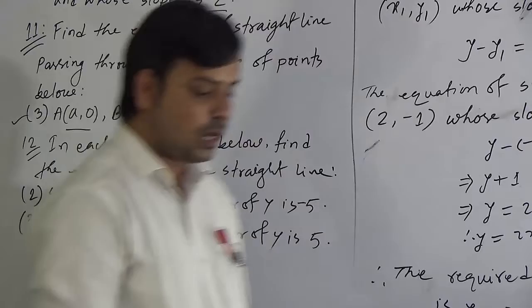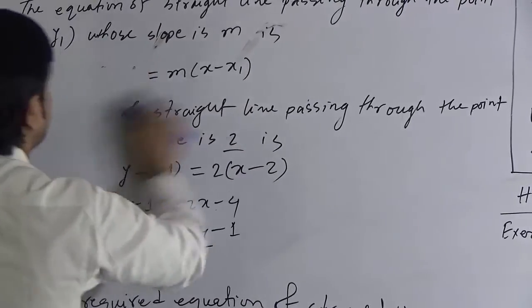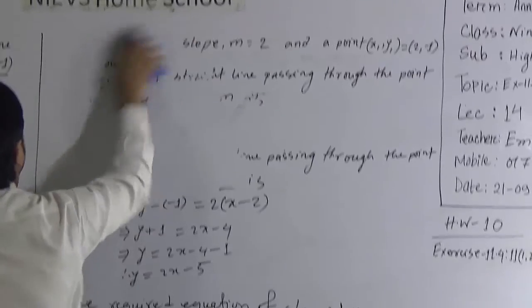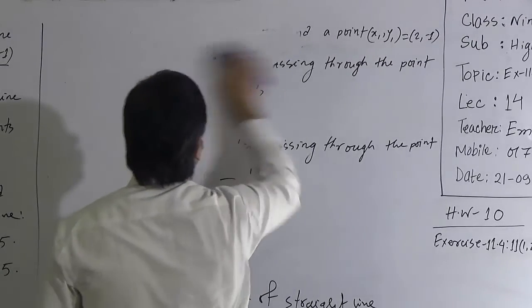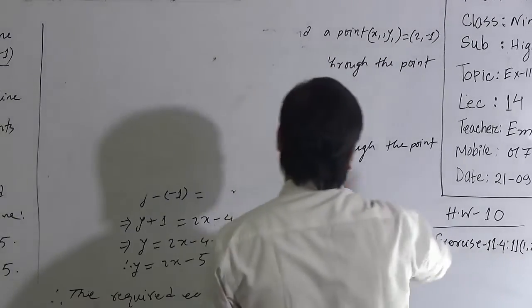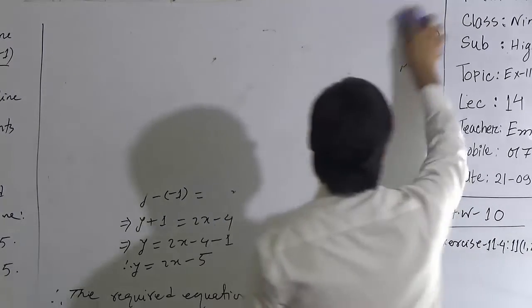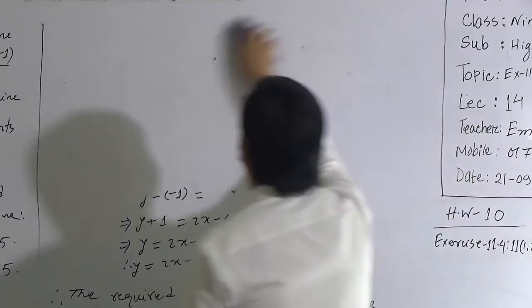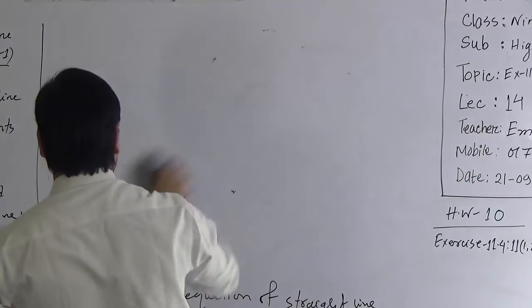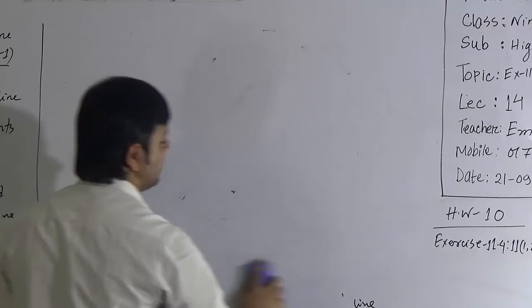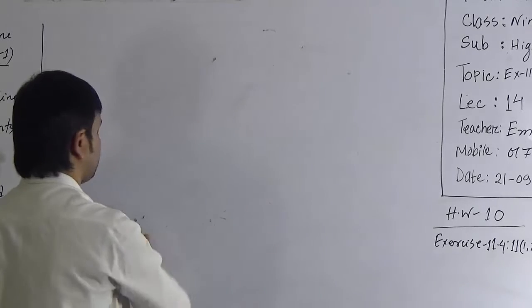Okay, dear students, now for this we need to know the formula for determining the equation of straight line passing through 2 points. Dear students, if x1, y1 and x2, y2 are 2 points, we can determine an equation of straight line passing through these 2 points.